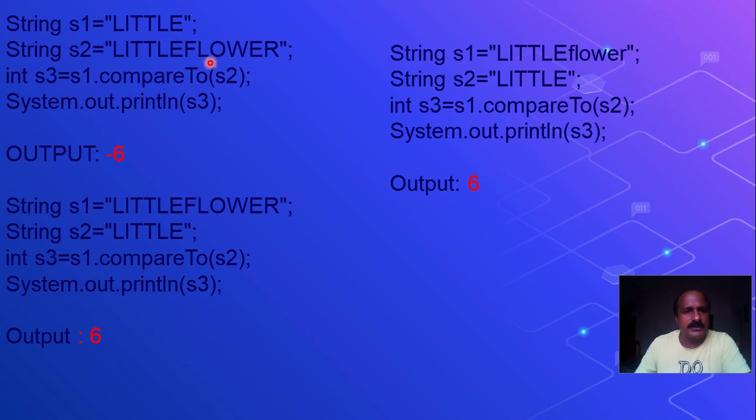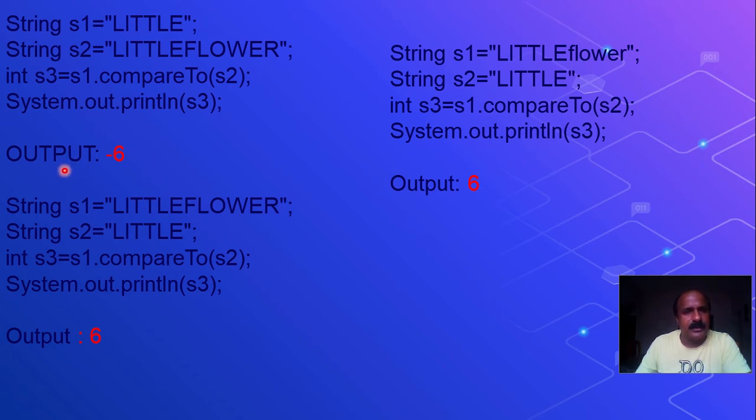Comparing with the first string, in the second string 6 more characters are present. That's why I am comparing the first one with the second one. So the first one is deficient of how many characters? 6. That's why minus 6 comes.